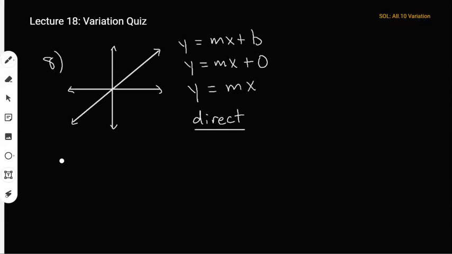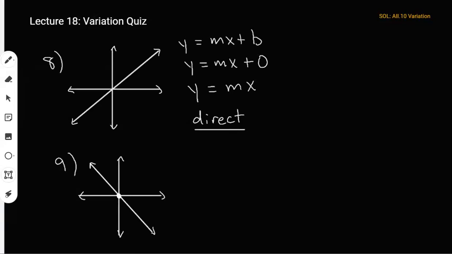For number 9, I've pretty much got the same type of graph. The only difference is it's going to have a negative slope, but it still passes through the origin, 0, 0.